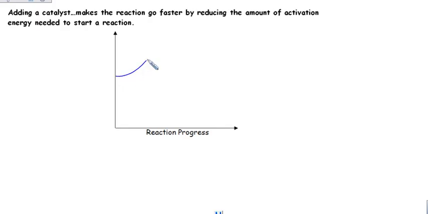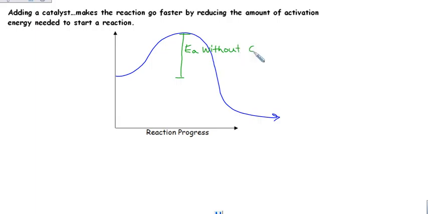I could make it really endothermic or exothermic. We'll go with an exothermic. And maybe for this particular reaction, here's my activation energy. So this might be my activation energy without a catalyst.